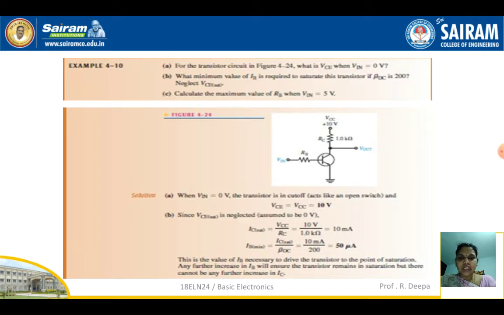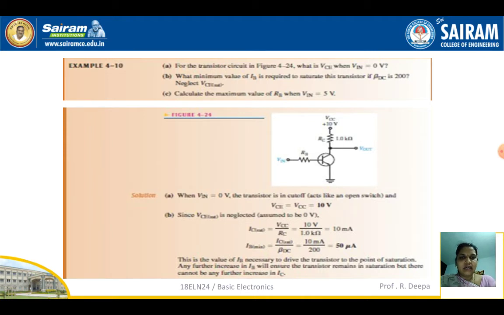So when input Vin is equal to 0 volt, obviously the transistor will be in cutoff region, that is it acts as an open switch. So if it acts as an open switch, there will not be any current flow across the base current as well as the collector terminal. Hence the currents are 0 and the voltage VCC which is applied at the collector terminal will be dropped across the collector emitter of the transistor.